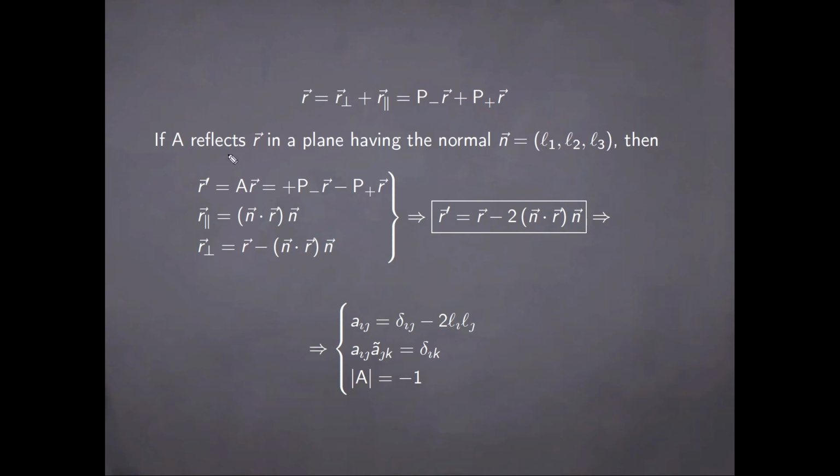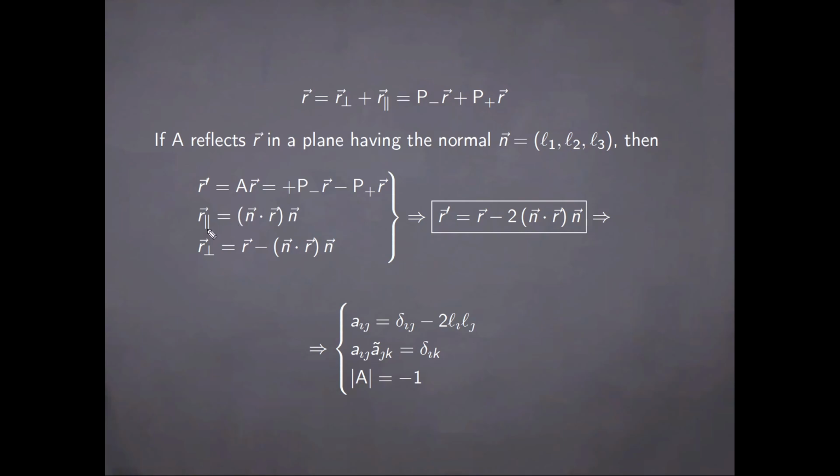So what I mean by reflection now is I am reflecting the vector along the normal to the plane, then the vector obtained through the reflection operation will have the same perpendicular component to the axis as the original vector, but the parallel component will have the sign changed because the vector is reflected along the axis.